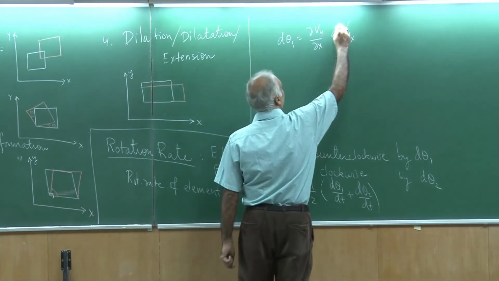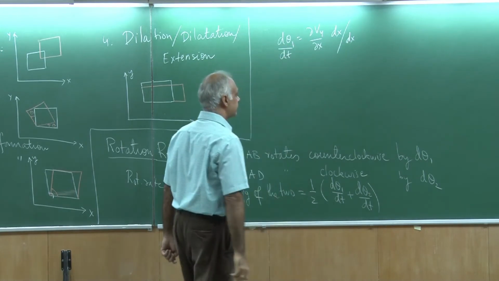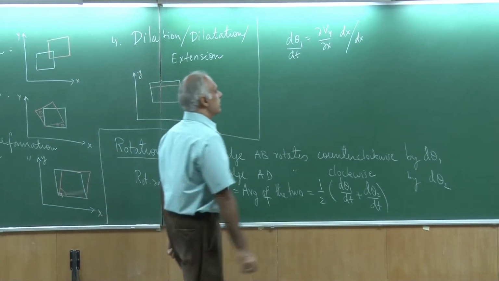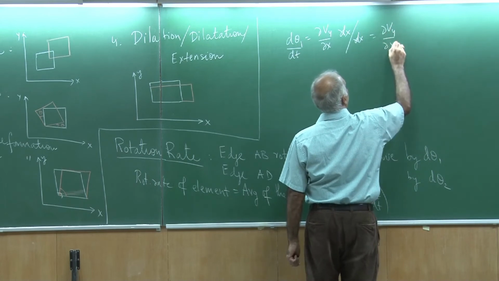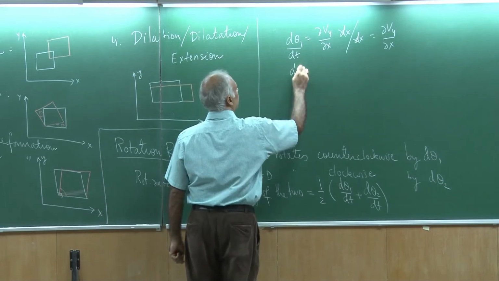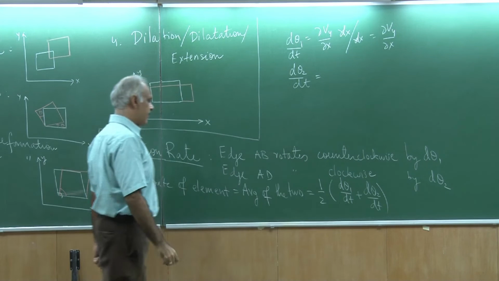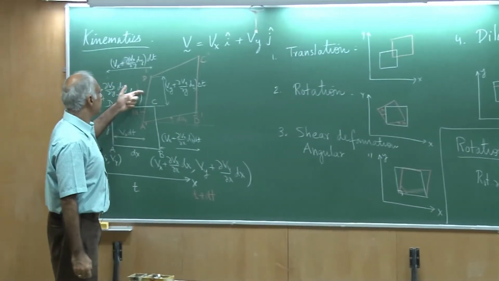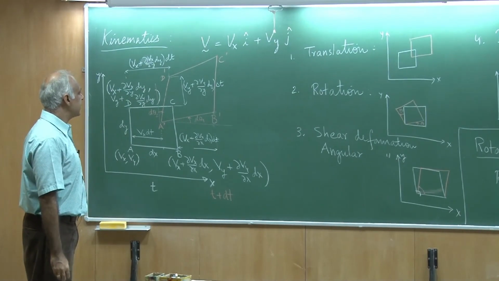Okay. In fact, this would be d theta 1 by dt. That is the rate. Okay, so these cancel out, and I get del V y by del x. Similarly, I can calculate d theta 2 by dt, and that now is in the clockwise direction.